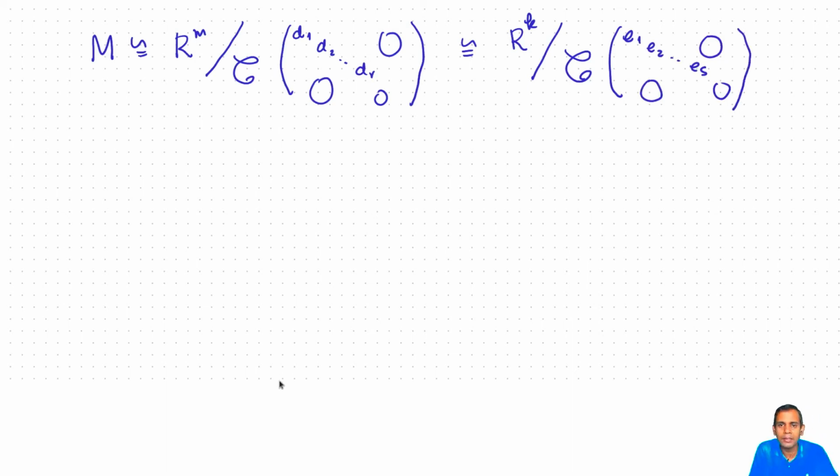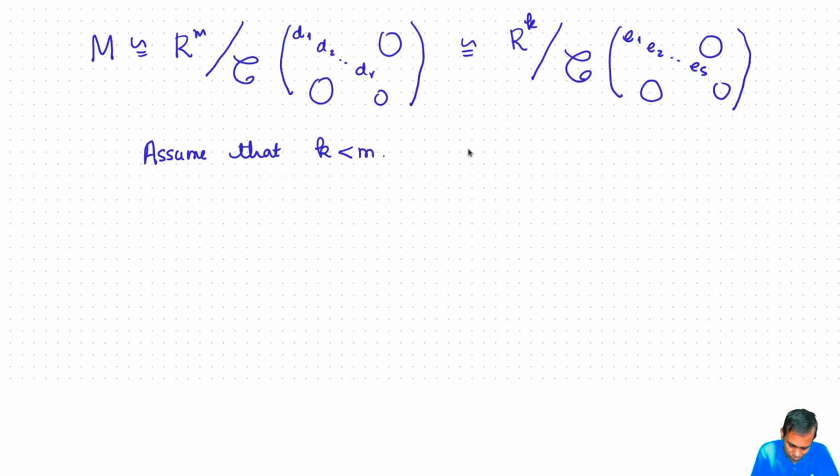Even the number of generators, we may have taken a lot more than we needed, and so it's not even clear that m should be equal to k a priori. So let's assume that k is less than m, without loss of generality.